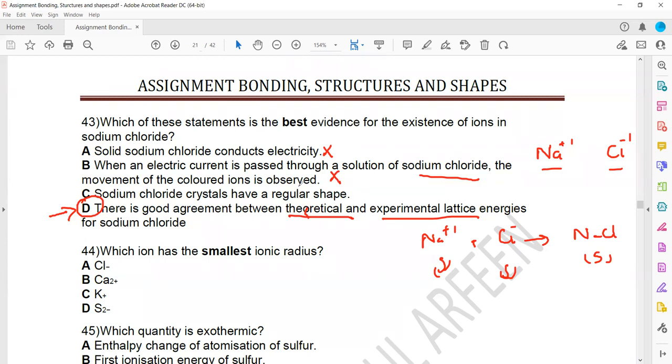But that does not give evidence that it is an ionic compound. Shape of the substance cannot decide its intermolecular force or type of bonding. So ionic compounds have regular shape, but other substances like covalent compounds and giant covalent structures also have regular shape. So regular shape is not evidence of the existence of ions.